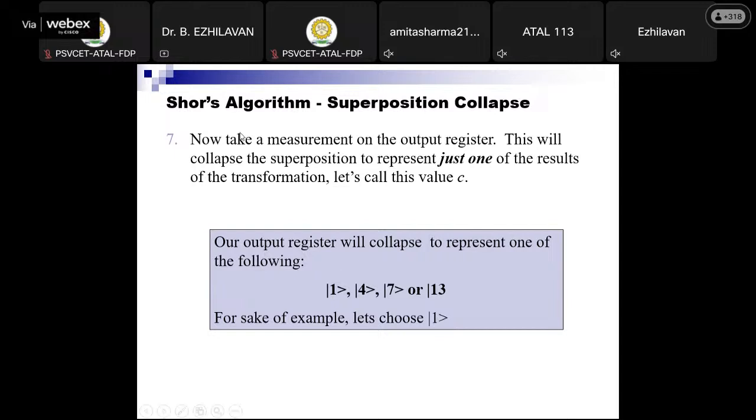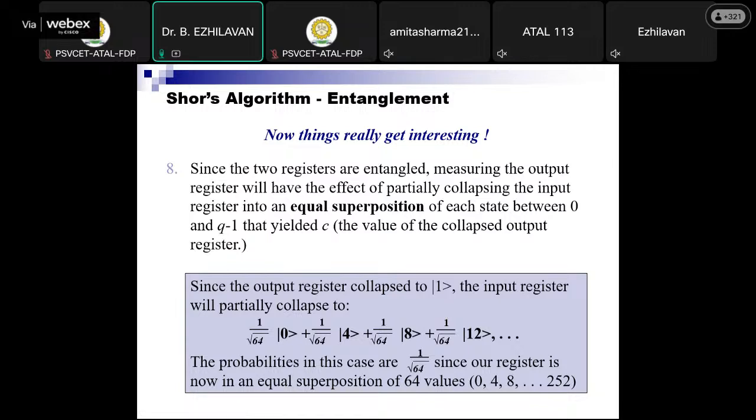Now we take the measurement on the output register. This will collapse the superposition to represent just one of the results of the transformation: 1, 4, 7, or 13, and again it will go 1, 4, 7, 13. For the sake of example, we are taking just the first one. Let's choose 1.